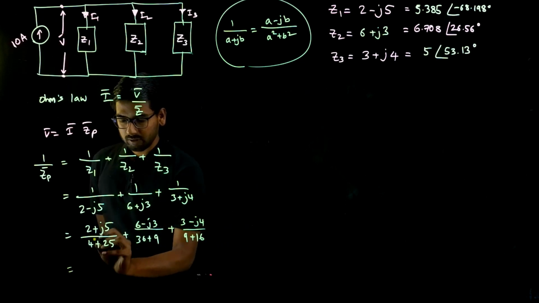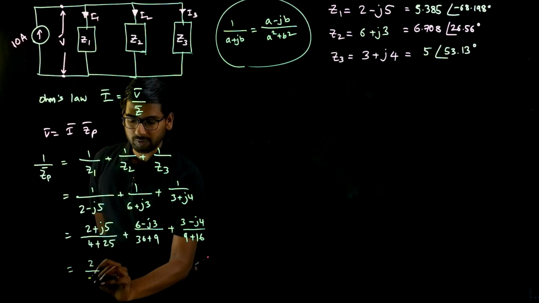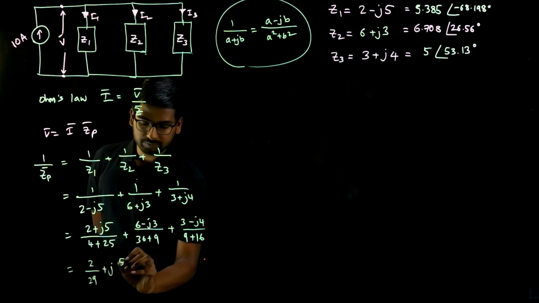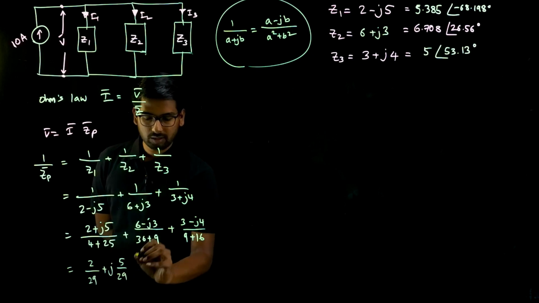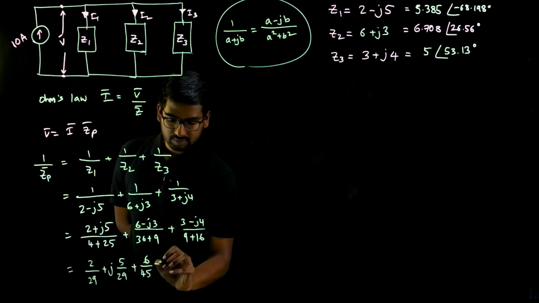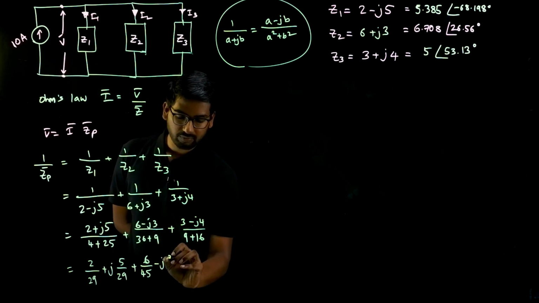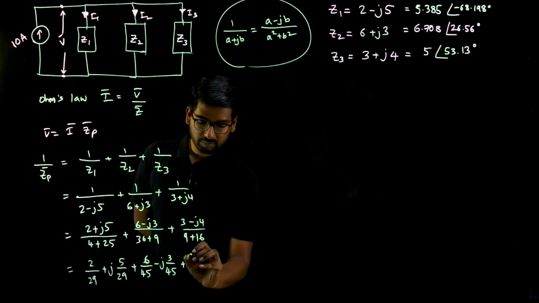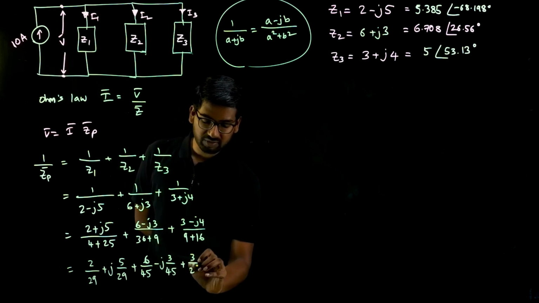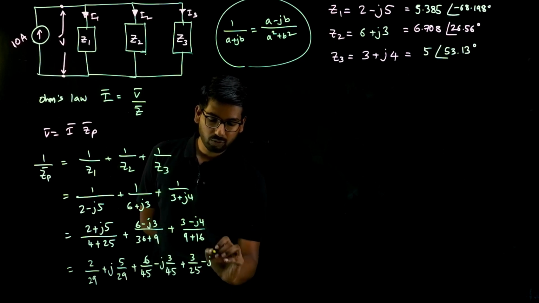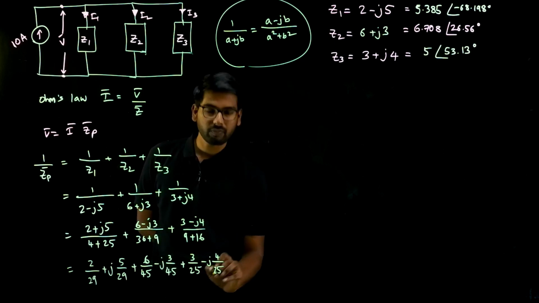So what will we get here? 2 by 29 plus j5 by 29, plus 6 by 45 minus j3 by 45, plus 3 by 25 minus j4 by 25.